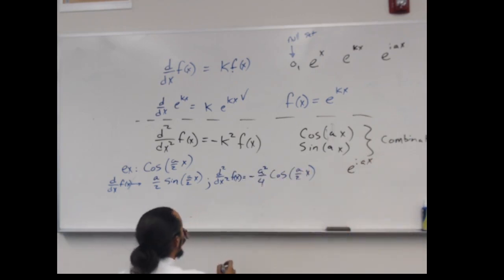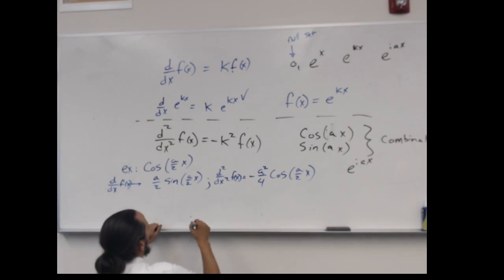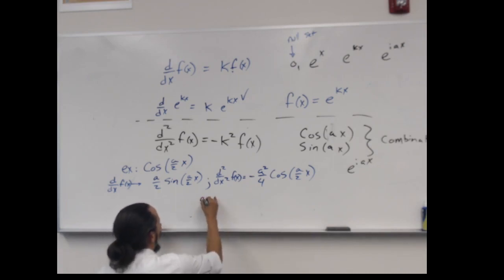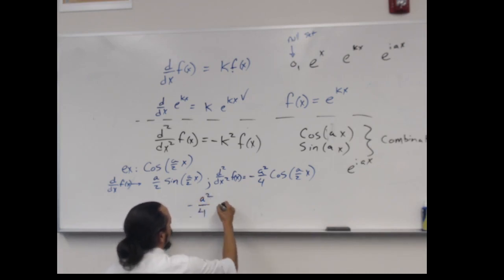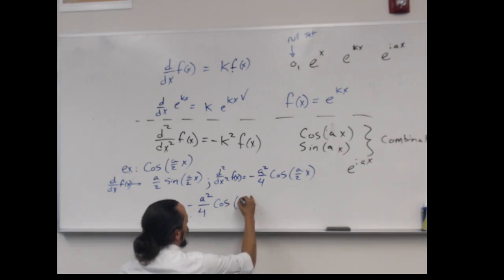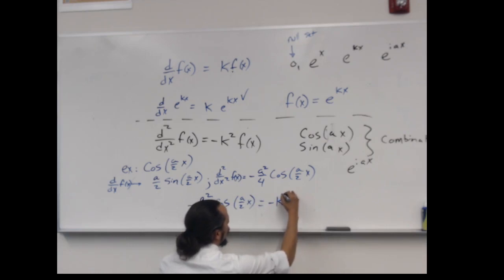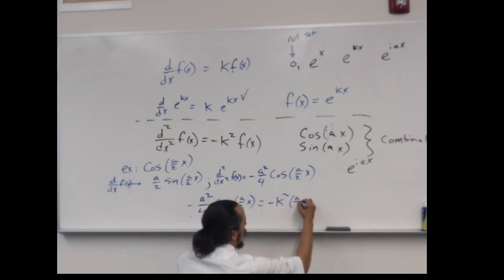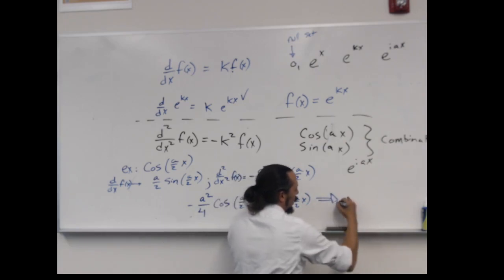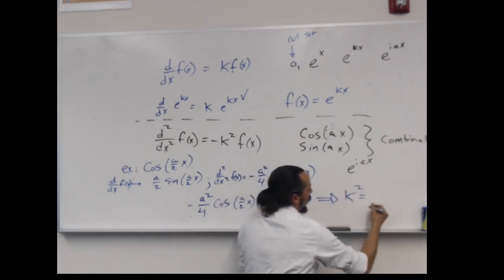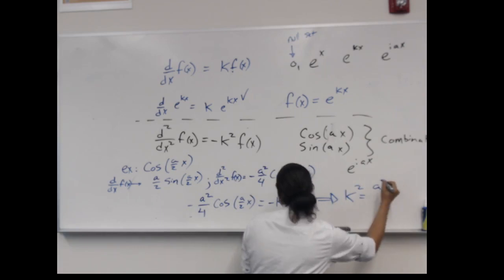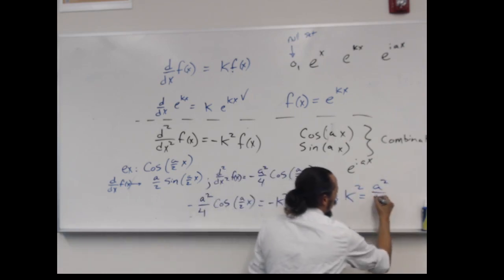Now, what I do in order to figure this out is I set these equal to each other. So I say a squared over 4 cosine a over 2 x is equal to negative k squared cosine a over 2 x. Right?